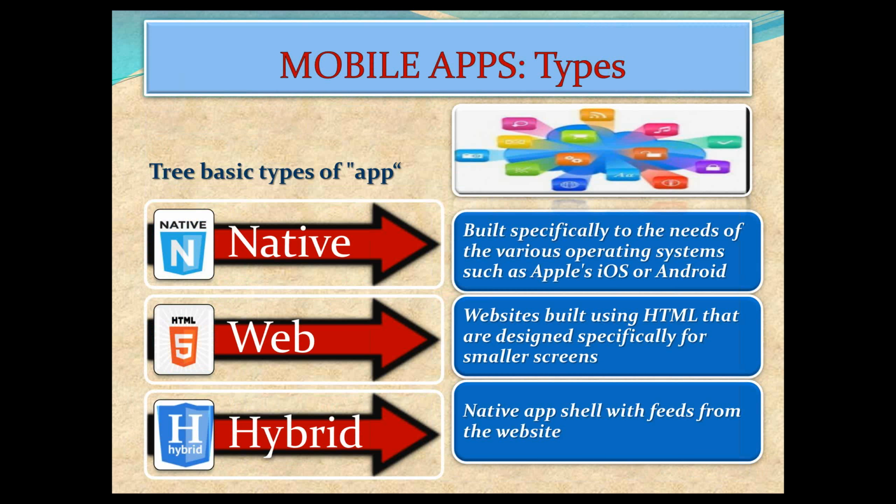So what is hybrid? It is a native application shell with feeds from the website. So in the mobile realm, you often hear terms like native apps, web apps, or hybrid apps. In the next few slides, we're going to discuss the major differences between these 3.